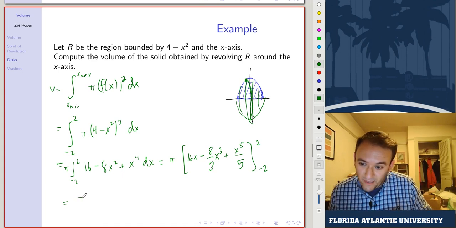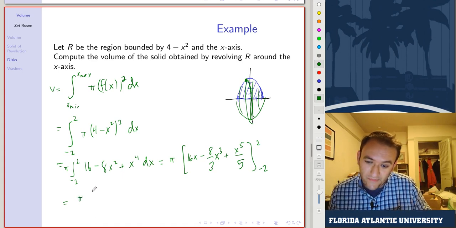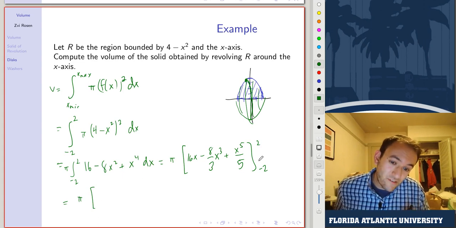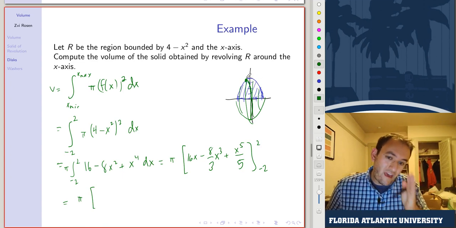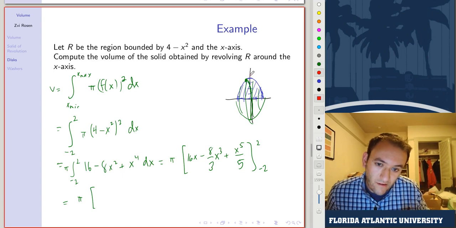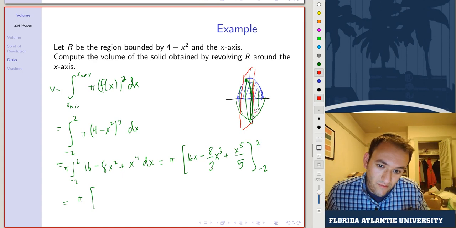Simplifying further, we get pi times, and you know what, one way to simplify this even further is to observe, I could have just as easily cut this in half at x equals 0, right? So let's say I cut this in half with a big red plane.